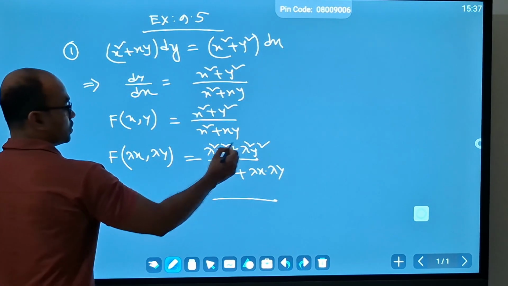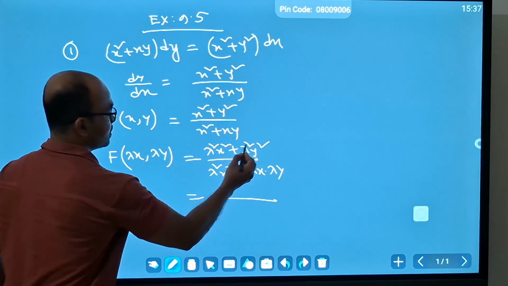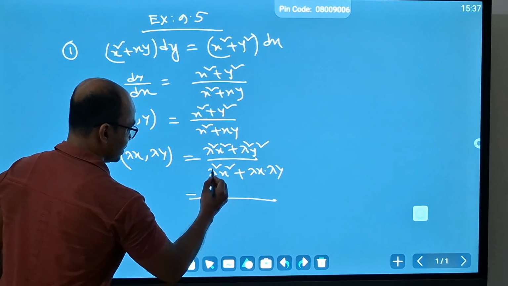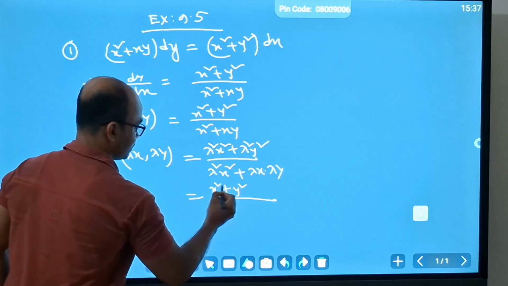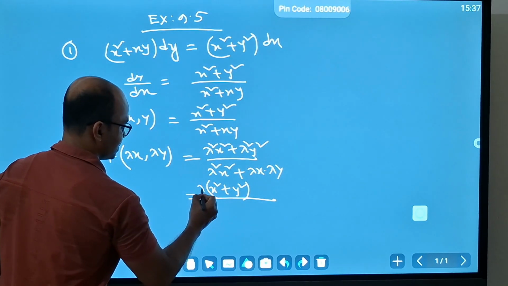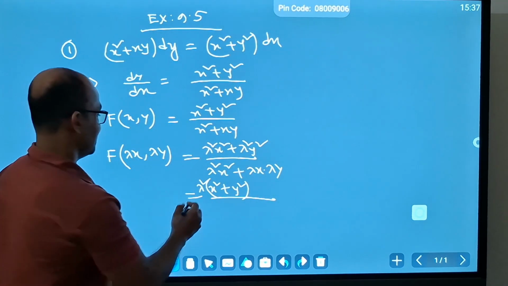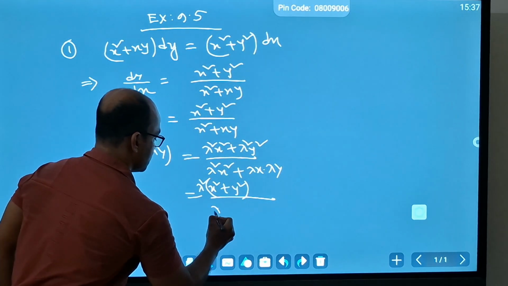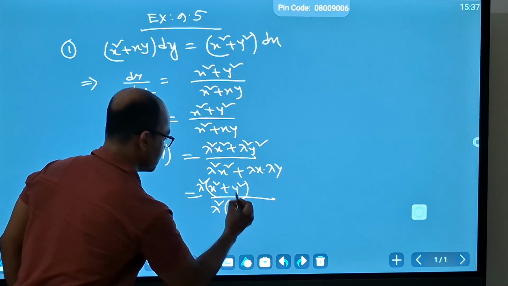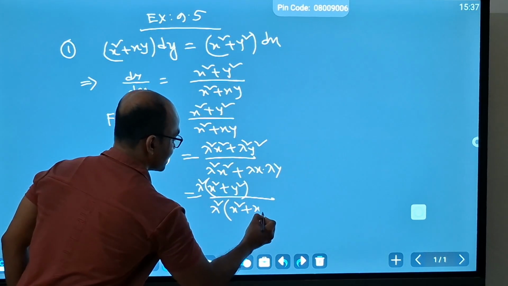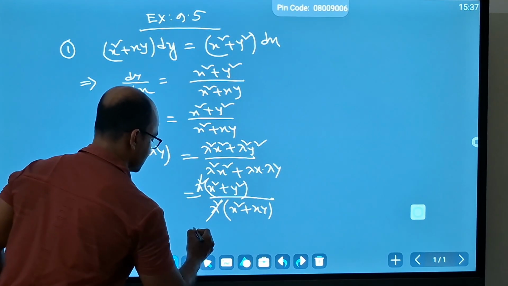Now we take common lambda square from the numerator, and there is also lambda square common from the denominator. Then lambda square cancels.